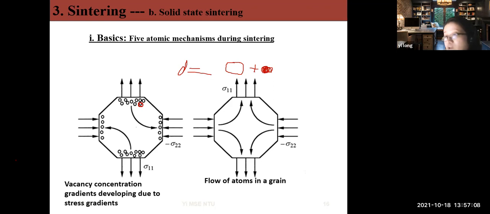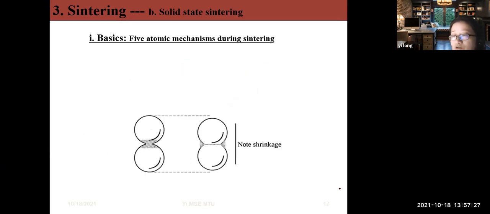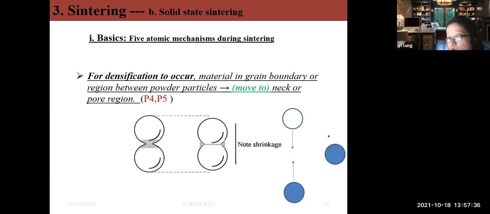You need to get rid of the vacancies, get rid of the pores. If you make sure they come the opposite way, then you will make this happen, as we have seen in these illustrations. I thought this one is easier for you to understand. So you have a vacancy moving one direction and an atom moving the other direction. Then in the end you will fill this, get rid of these pores, these vacancies. That's what we put here.